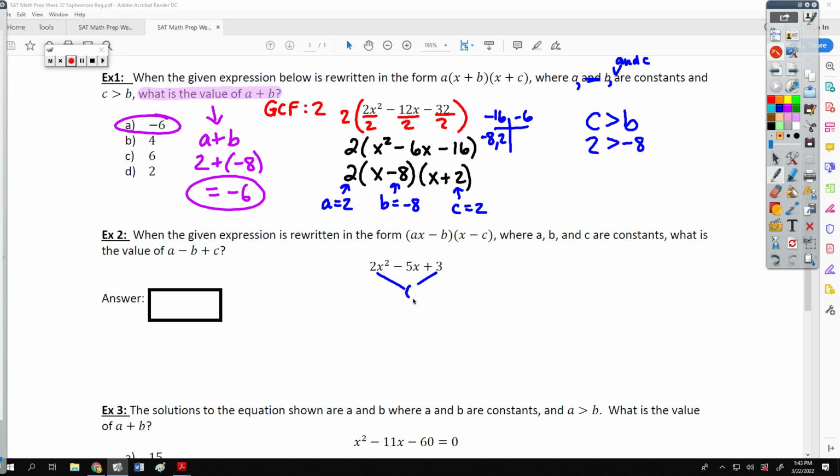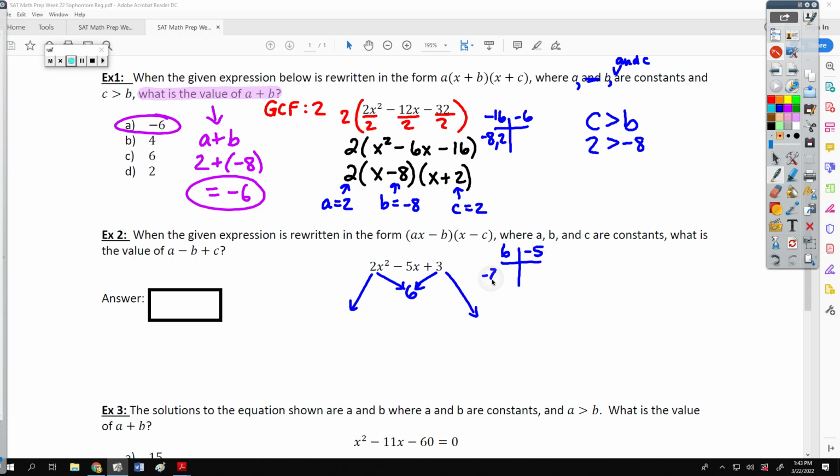So at our school, we use Michigan M factoring, which looks something like this. We are supposed to be figuring out the two numbers that multiply to a times c, so 2 times 3 is 6. So looking for a pair of numbers that multiplies to 6 and adds to negative 5.